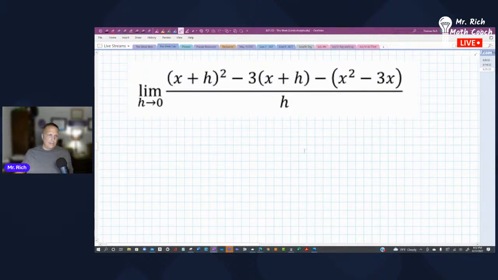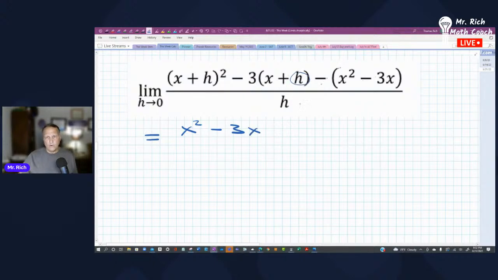This is the limit as h goes to 0 of this rational function. If I do direct substitution here, keep in mind, this is not as x goes to 0. So this is as h goes to 0. So this would be x plus 0 squared, or x squared, minus 3x, because h goes to 0, minus 3x.